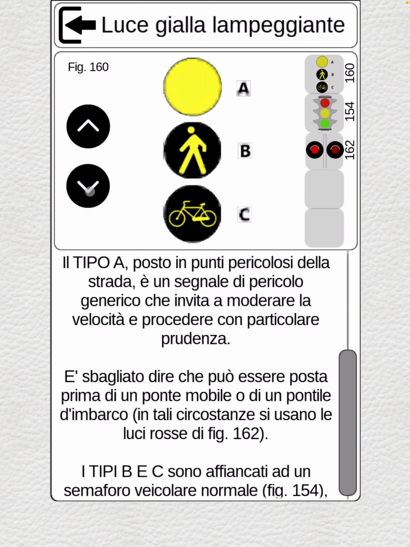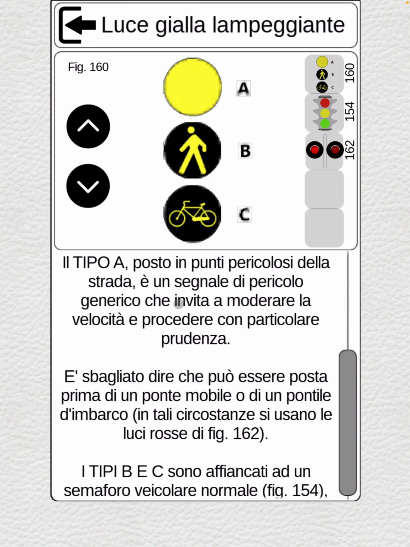Luce gialla lampeggiante. Luce gialla lampeggiante is trying to tell you pericoloso. It is somehow dangerous. That is why it is shown here. Luce gialla lampeggiante, il tipo A, this one is talking about it. Il tipo A, posto in punti pericolosi della strada.